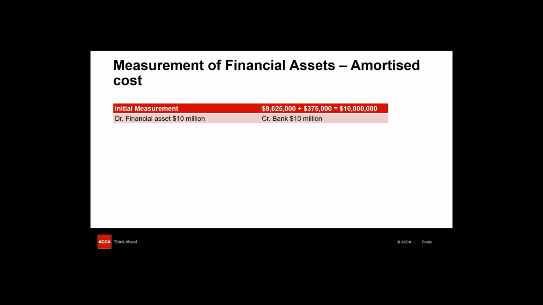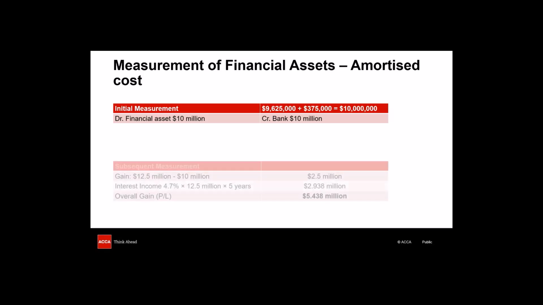Add to it the transaction cost, and the amount at which we are going to initially measure our financial asset is 10 million. So the double entry is debit financial asset by 10 million and credit bank by 10 million. This is the investment that we have made.